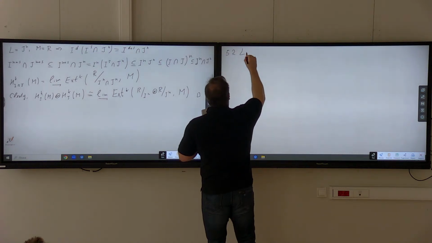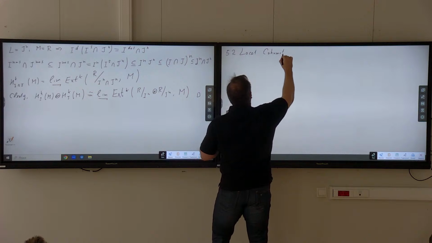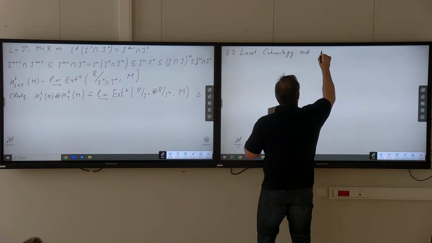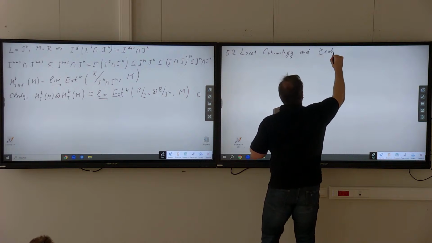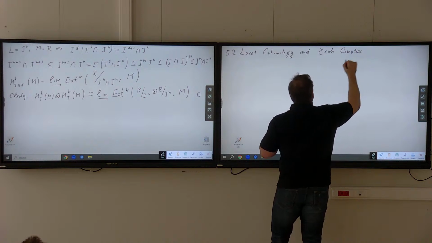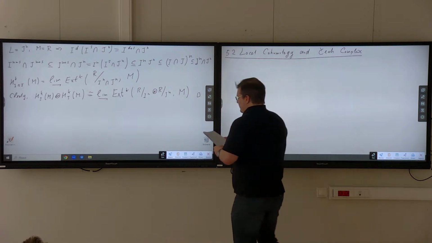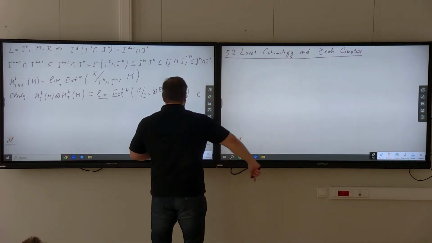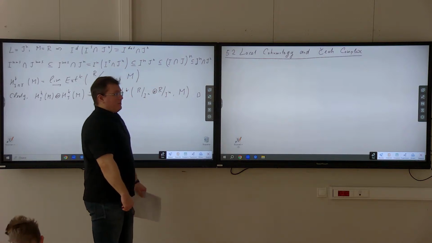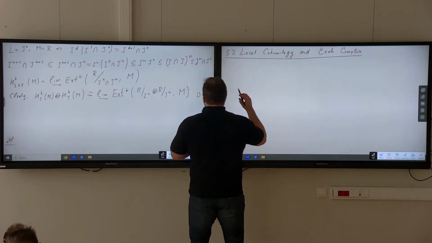I'm going to call this local homology and Čech complex from topology, or geometry. Algebraic geometry also uses Čech complex. So in fact, secretly, local homology is just Čech homology. So in this section, we need to see why this is the case.